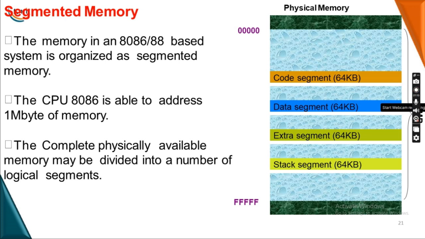The third one is flag registers, and the fourth one is segment registers. In the previous session we discussed the first 3 categories of registers in the architecture of 8086.